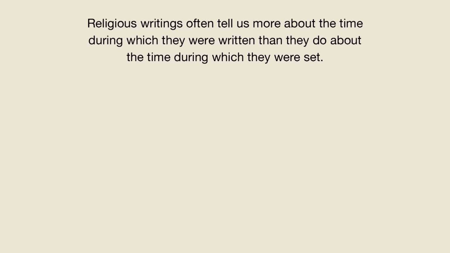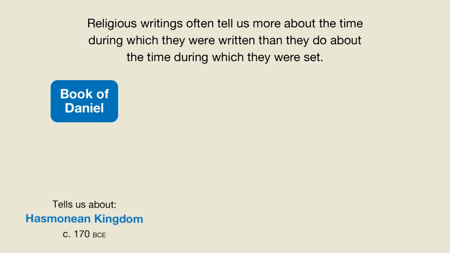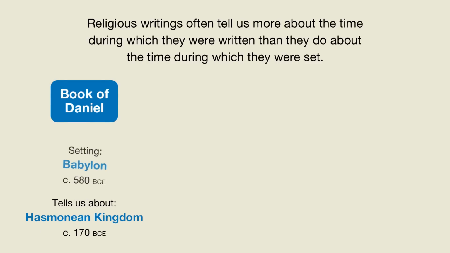In the videos that I made about the Bible and the Quran, I pointed out that religious writings often tell us more about the time during which they were written than they do about the time during which they were set. For example, the book of Daniel tells us a lot about the Maccabean period, even though it was set in the Babylonian period.